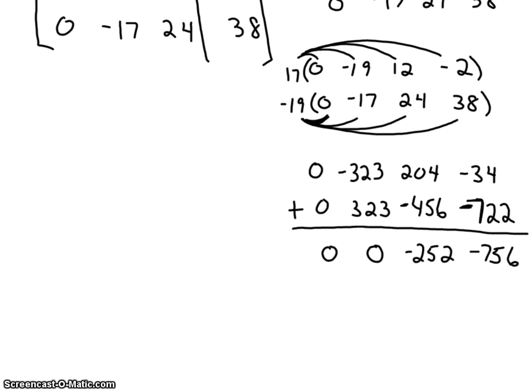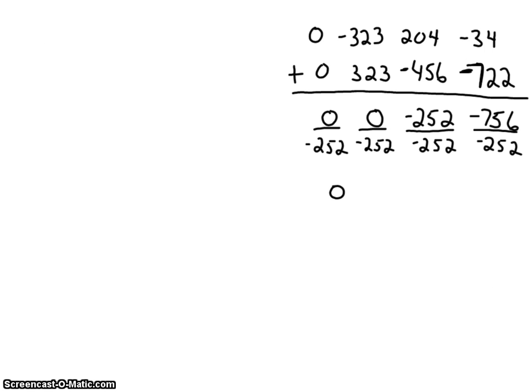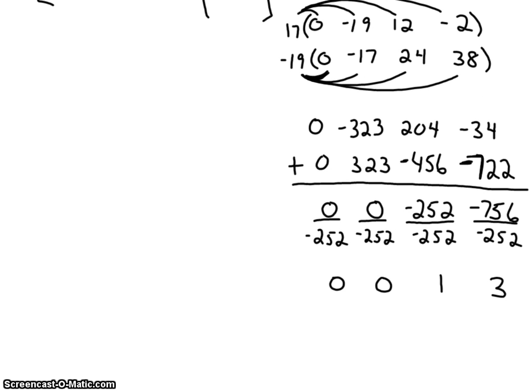Just to simplify, we're going to see if we can get a 1 where that negative 252 is right now. Okay, this results in 0, 0, 1, and negative 756 divided by negative 252 is 3. Alright, that's what we're going to replace row 3 with.